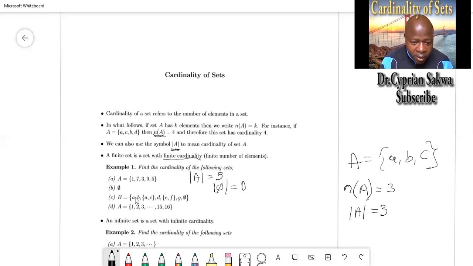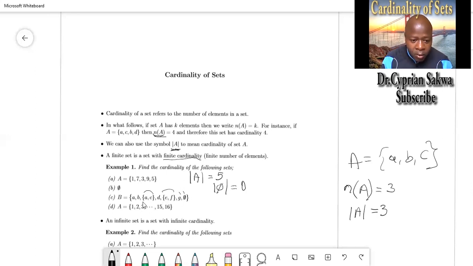What about this one? Set B has this element, 1, 2, then this is 1 element. This is 1, 2, 3, 4, 5, 6, and then 7. So this one has 7 elements. You should not count this one as 2 elements here. This is 1 element, and this is another 1 element.